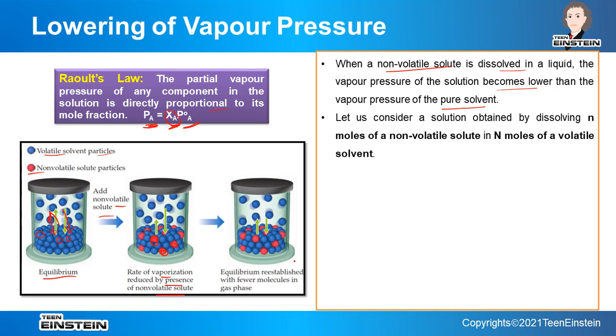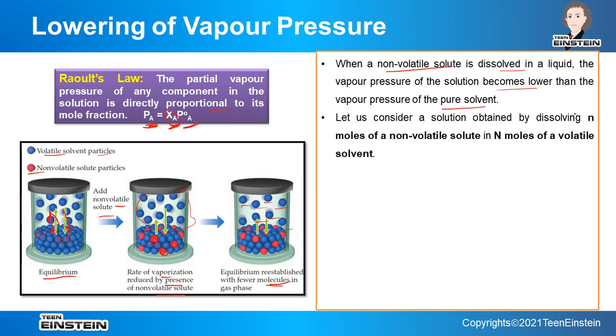After some time equilibrium will be established with fewer molecules in the gas phase. So the total number of blue particles that we are seeing in the vapor phase is lesser, that is clear from the picture. The solvent particles are in fewer number in the gaseous phase.